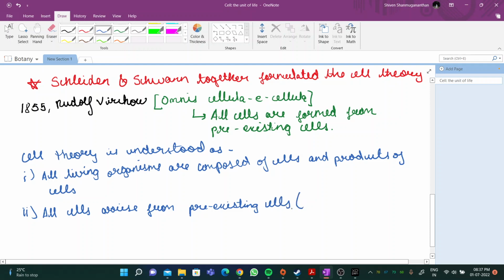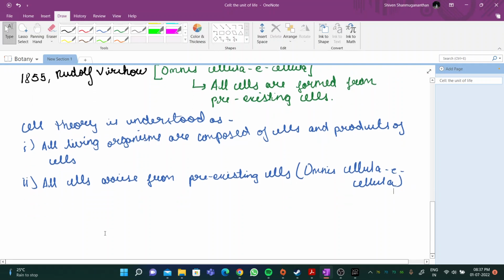Now the Latin version of this statement is as we wrote up here, omnis cellula e cellula. I wrote it down here because there's not enough space there. Fine. Omnis cellula e cellula. And the third statement. This statement was given by Rudolf Virchow in 1855, as we have read here.